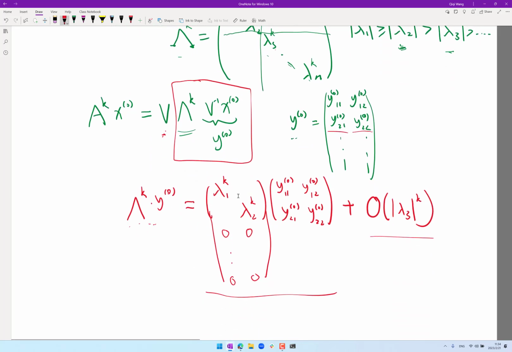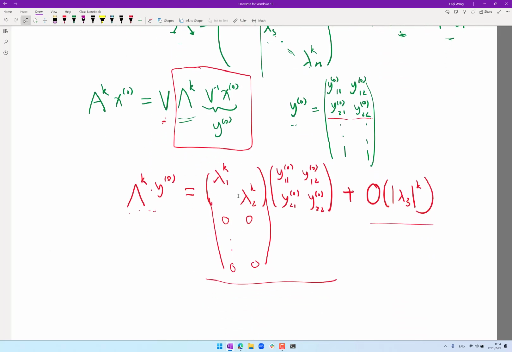Okay, so then let's look at the whole thing, which is A to the kth power times x0, which is now V times lambda k times y0. And that can be written as, if we also represent the matrix V in different columns.